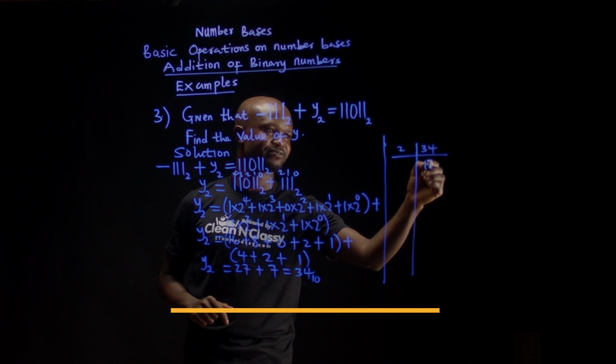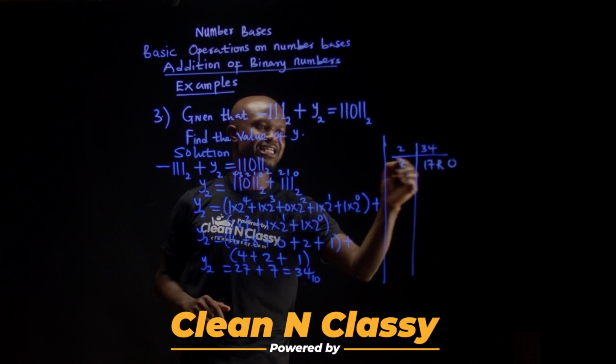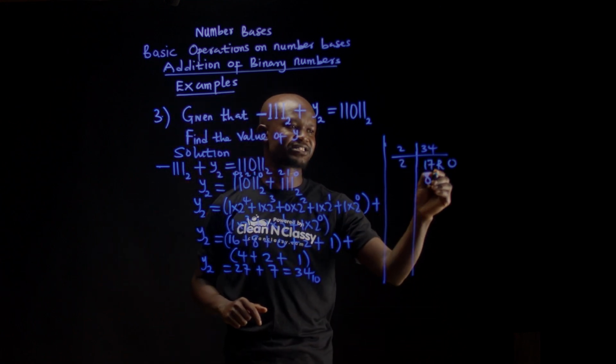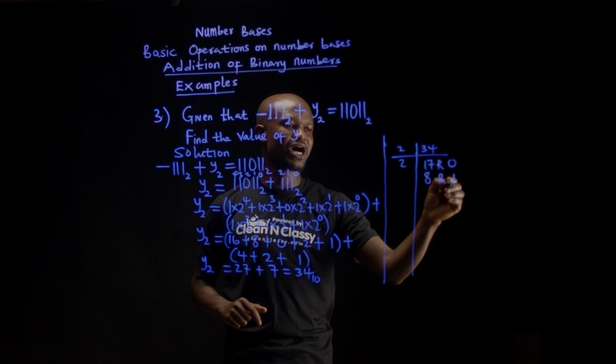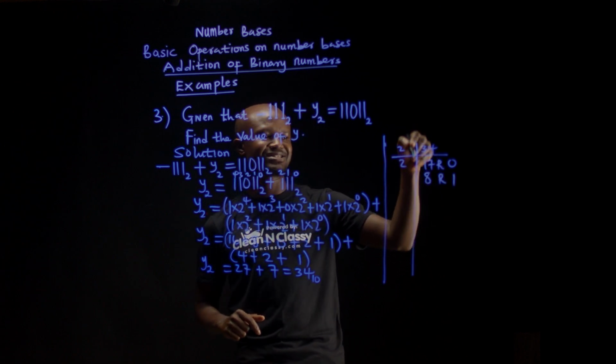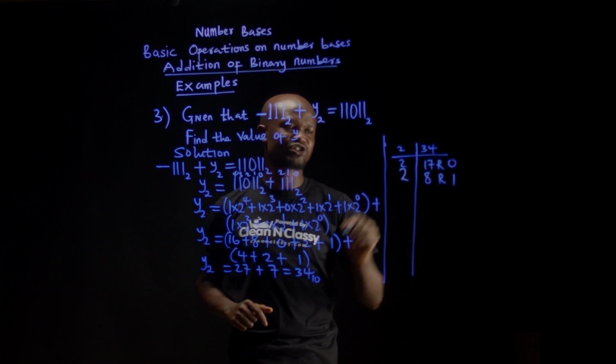That's 17, remainder 0. Then divide by 2 again. 17 divided by 2 is 8, remainder 1, because 2 times 8 is 16. Take away 16 from 17, we have 1 left.